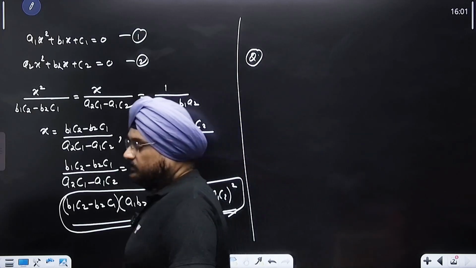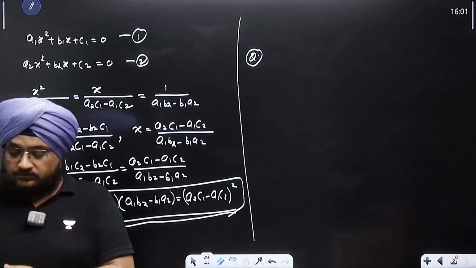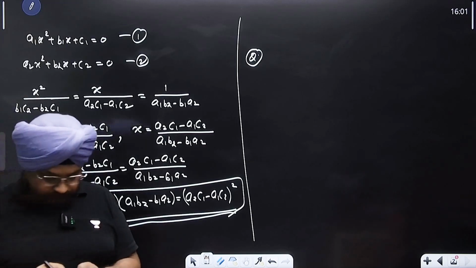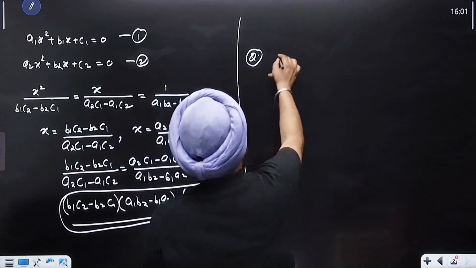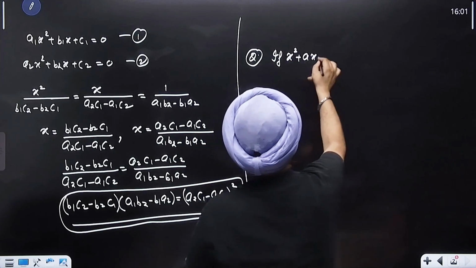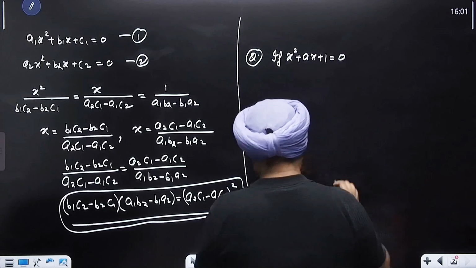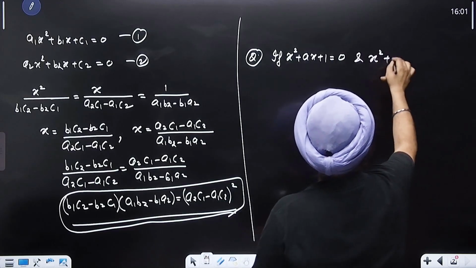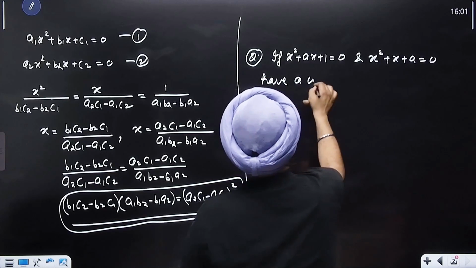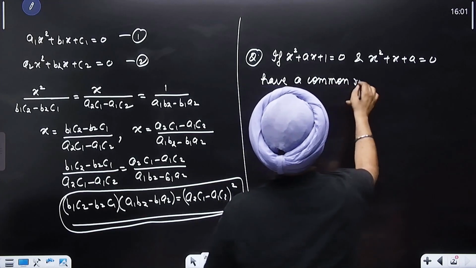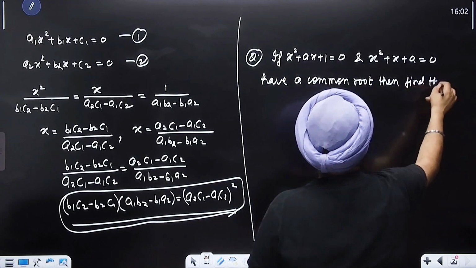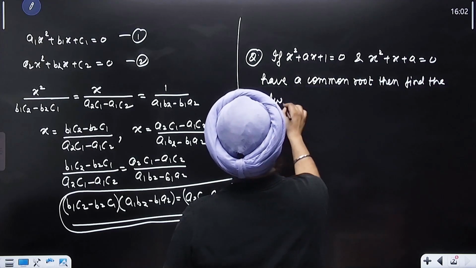Let's do some problems on the condition on common roots. If x square plus ax plus 1 equal to 0 and x square plus x plus a equal to 0 have a common root, then find the value of a.